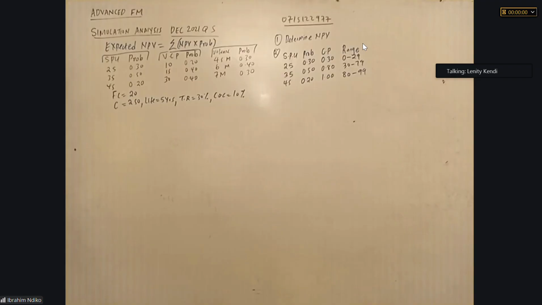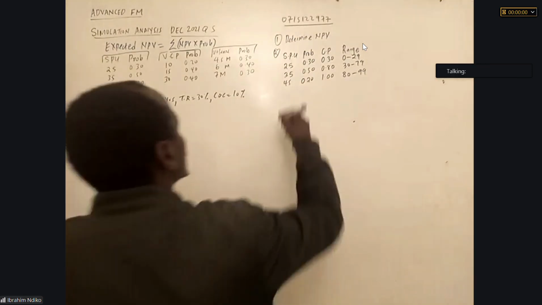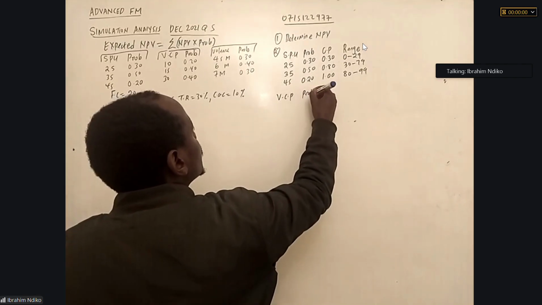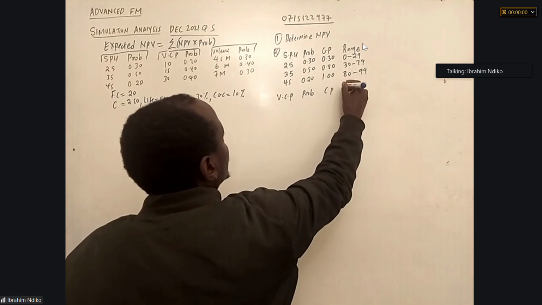Hiyo ya pili itakuwa hivi. Variable cost per unit, probability, cumulative probability na range.